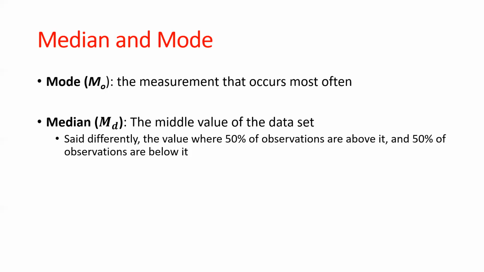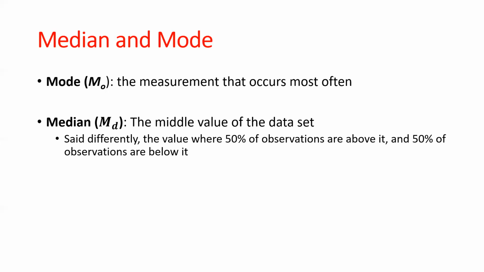What if I had 5 observations? Cross off the highest, the lowest, the next highest, the next lowest. I'd still be left with that 8 right in the middle, because it's in the position that's smack dab in the middle of the data set once I arrange the values from lowest to highest. That's easy with an odd number of observations, but what if I had an even number?